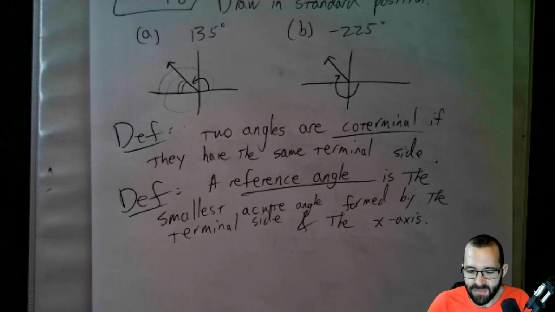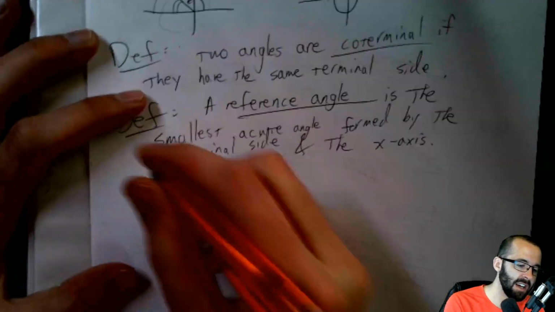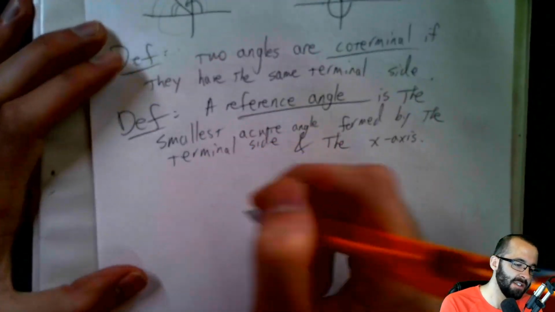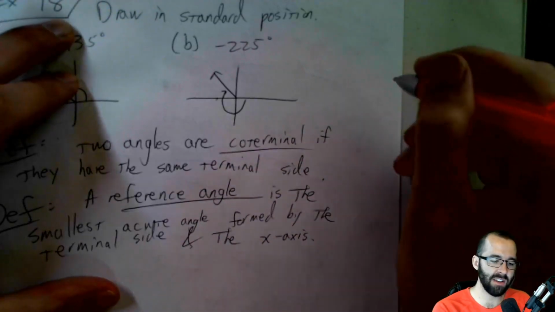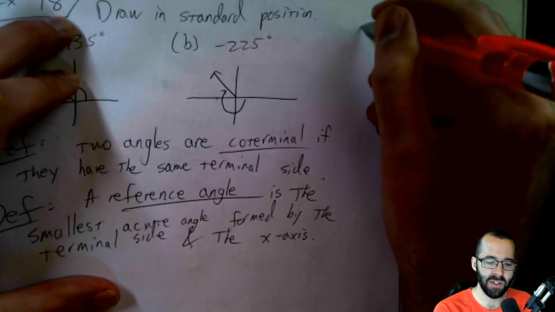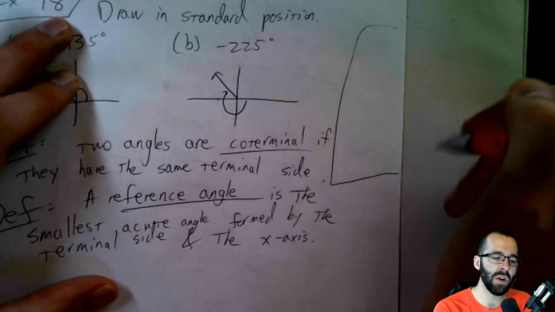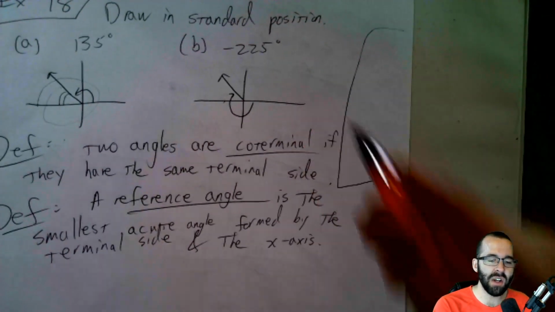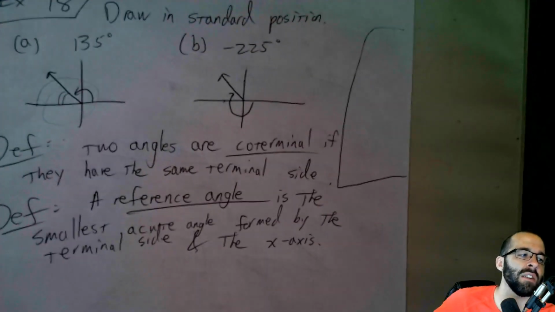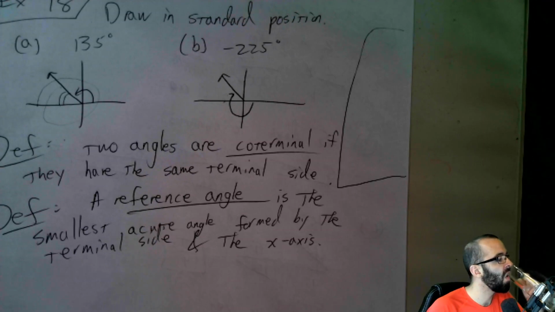All right. So let's do, this would have been a good thing to state. We're going to add a little side note to coterminal angles. Once you have one angle, what is an easy way to find another angle that's coterminal with the first angle?